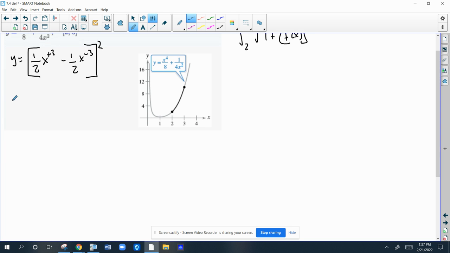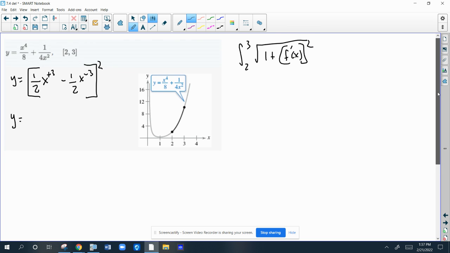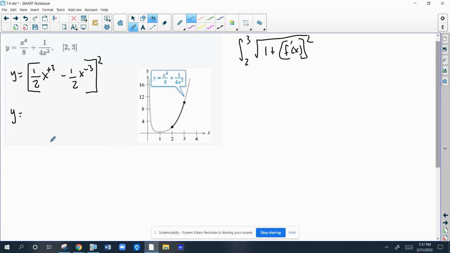So I'm going to use square double square here. So y equals, let's see, that 1/2 we can factor out, so we don't have to worry about it.